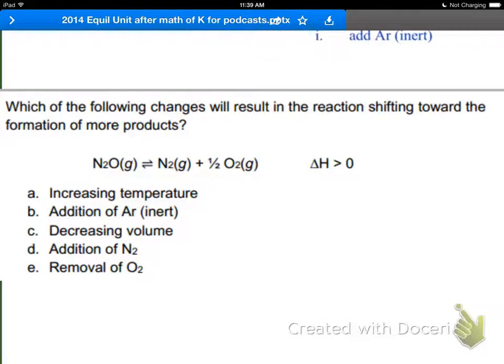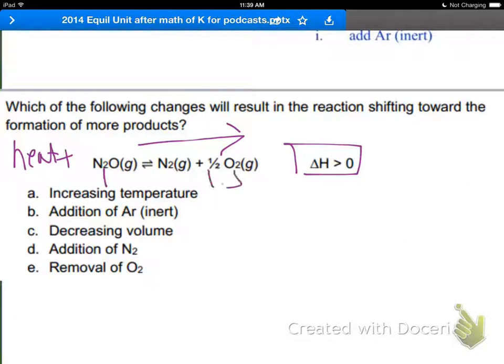Alright, last one here. Which of the following changes will result in the reaction shifting toward the formation of more products? Alright, delta H is greater than 0, so heat is on this side. It's endothermic, right? I have 1 mole of reactants, 1.5 moles of product. So if I increase temperature, it will shift right, so that will shift me to products. If I add argon as an inert gas, no effect, right?